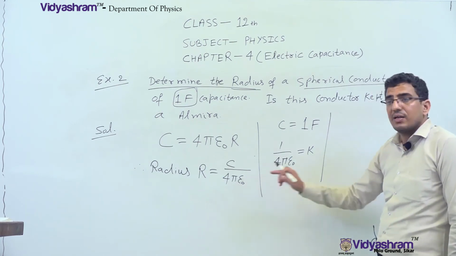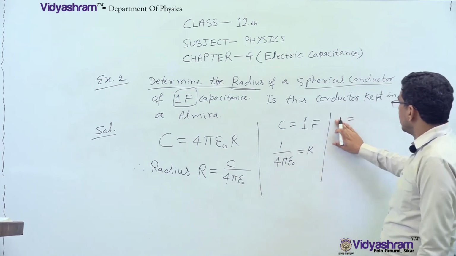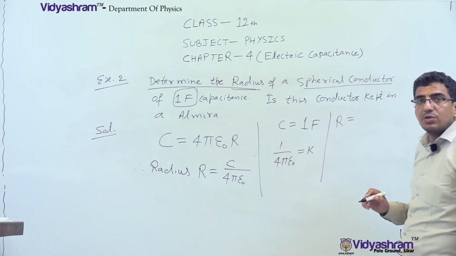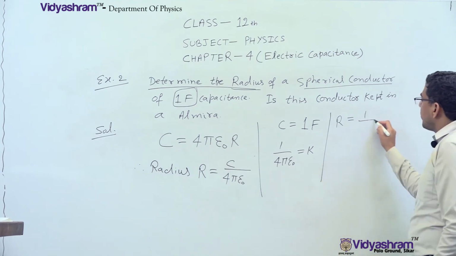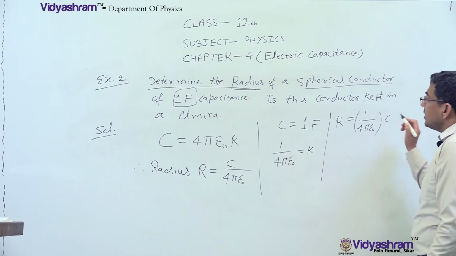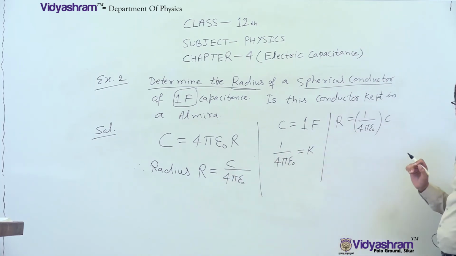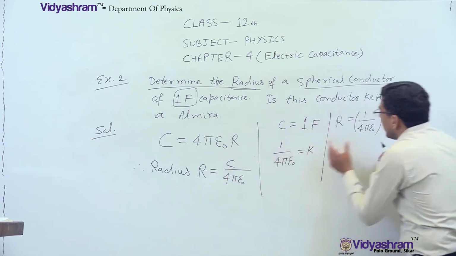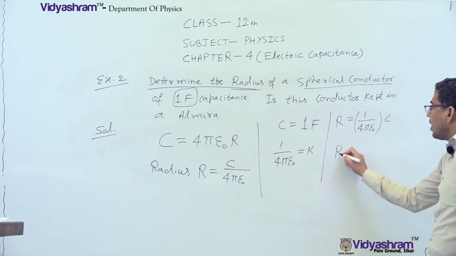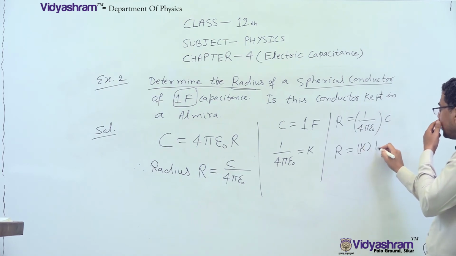So R is equal to 1 upon 4 pi epsilon naught into C. We can rewrite this formula in this way: R is equal to K into C.